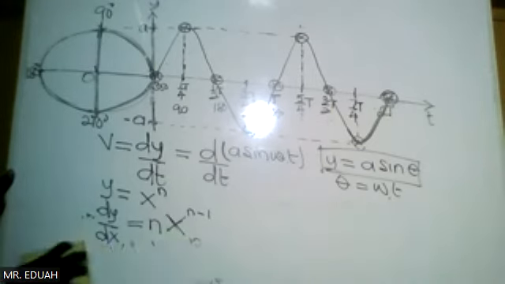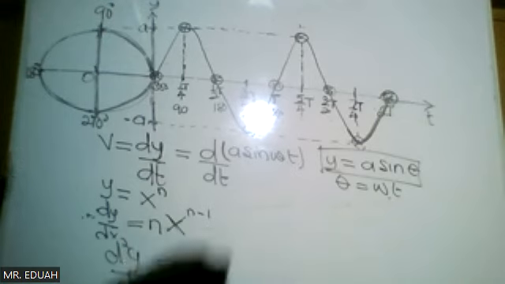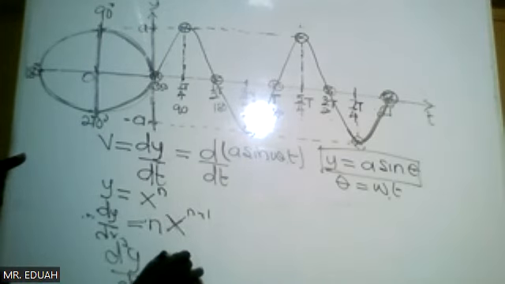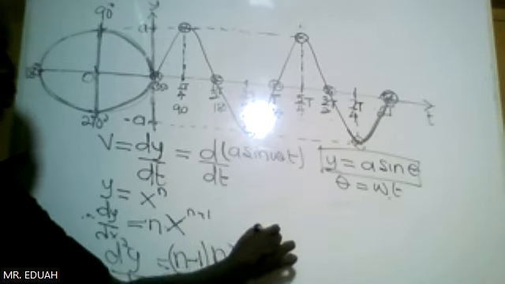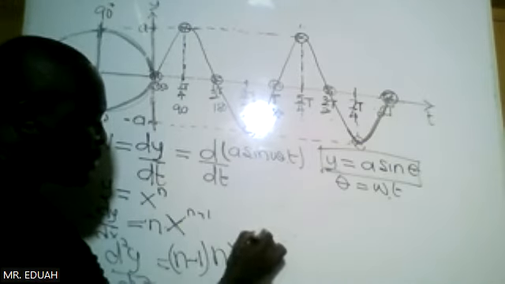The second differential, d squared y over dx squared, is equal to, at every stage, the power multiplies it and that same power reduces by 1. So n minus 1 times n, then x raised to the power n minus 2.